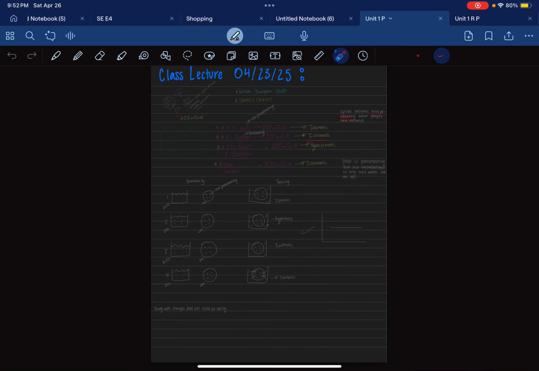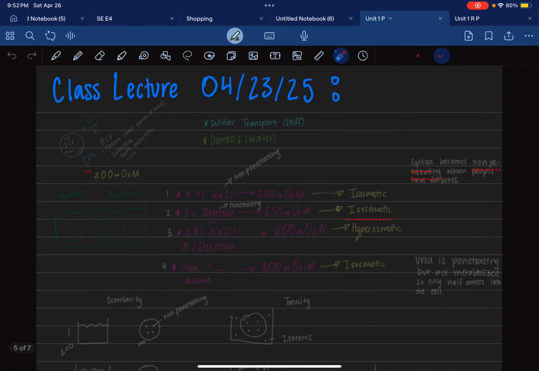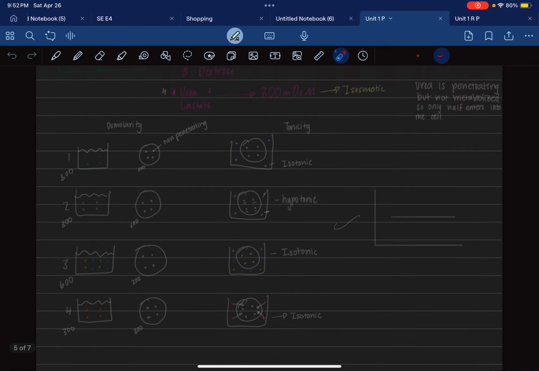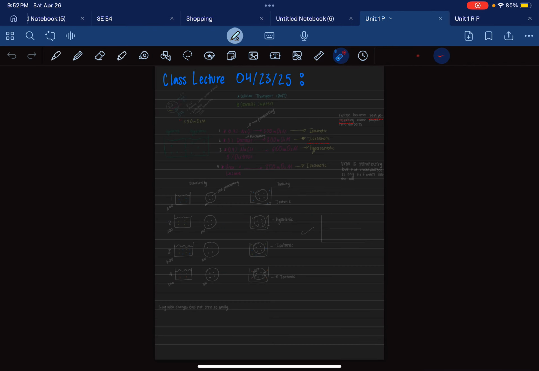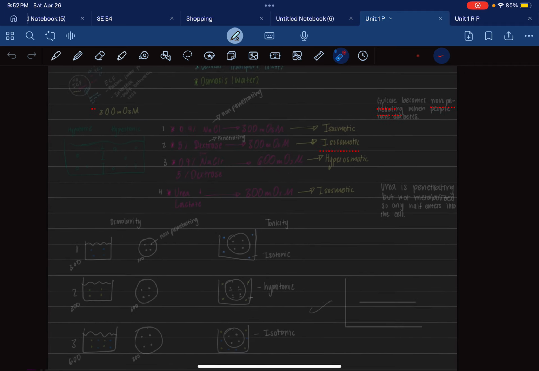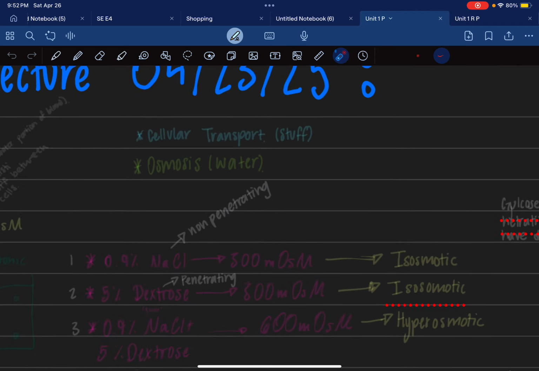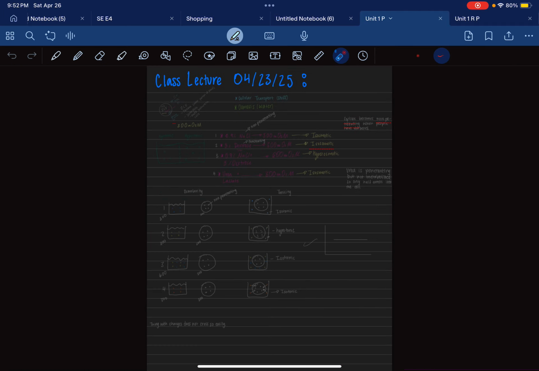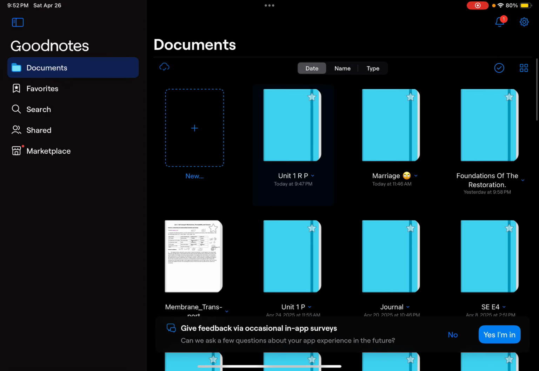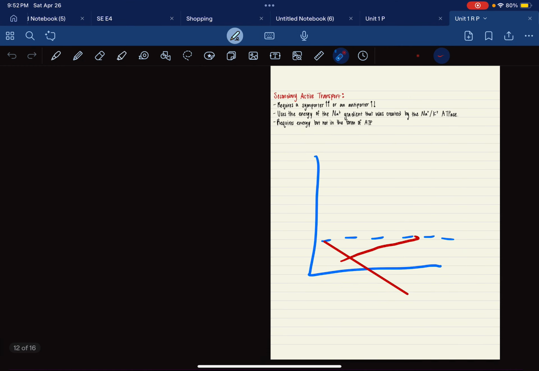So there's that. And here we have to talk about tonicity. So tonicity is very interesting. Tonicity and osmolarity. So actually, let me go back to this one.